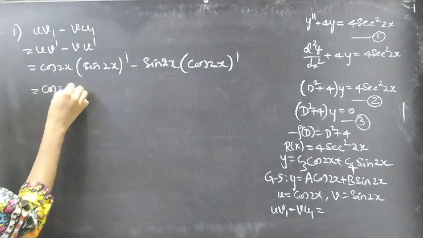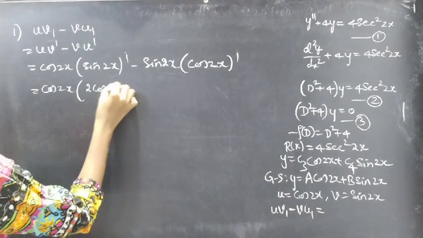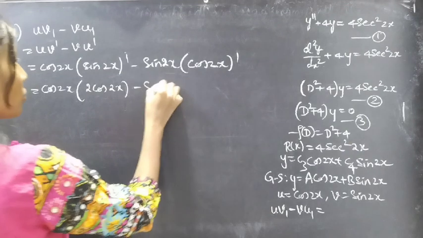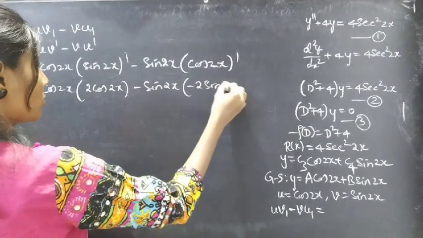This gives us cos 2x into the derivative of sin 2x with respect to x, which is 2 cos 2x, minus sin 2x into the derivative of cos 2x with respect to x, which is minus 2 sin 2x, right?